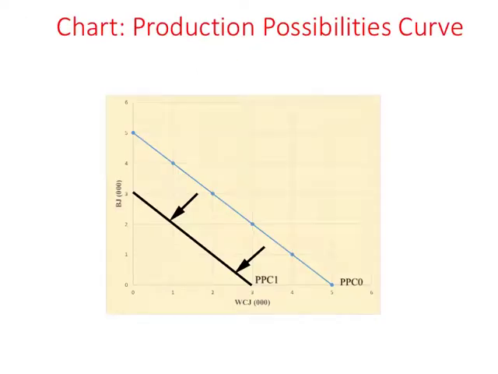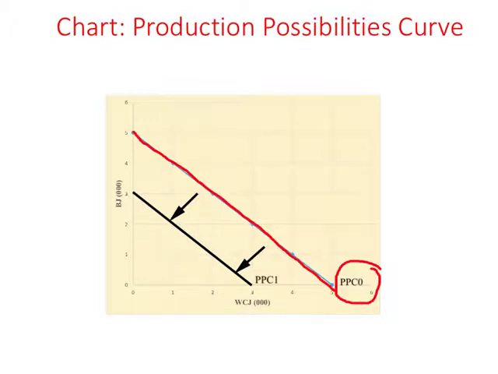Now for Mark Jeans Incorporated, we had drawn this PPC based on how many workers, machines, and so on it had, and let us just call this PPC 0. Now suppose Mark Jeans Incorporated decides to reduce the amount of resources it has, maybe reduce number of workers from 50 to 20 or something like that.